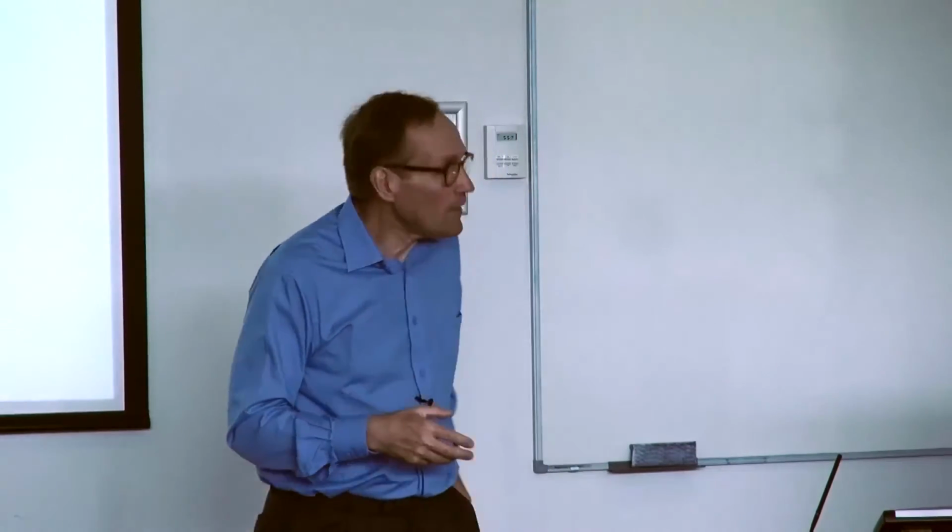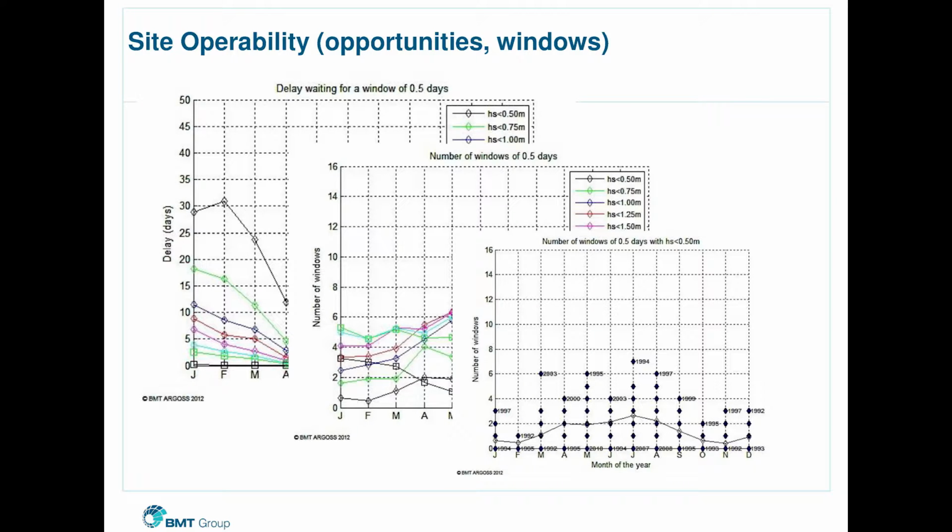With something like the Topside Floatover that I talked about earlier, we want to get a very reliable quantification of the likelihood of being able to undertake that operation safely, and we might want to work out how long we're likely to have to wait for a safe window to undertake that operation.